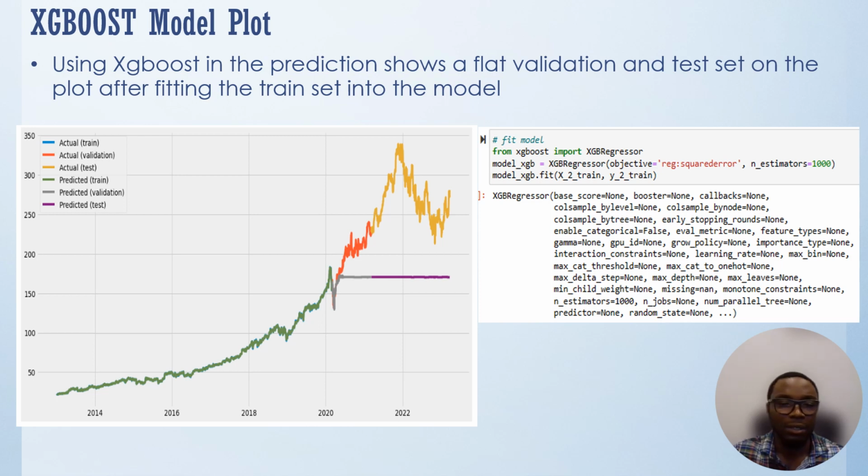So when we look at this, we see how the prediction runs flat. And again, using XGBoost, we've trained it up to this point. It actually has to be trained to see the rest of the data for it to perform well. So you cannot really use XGBoost for this.